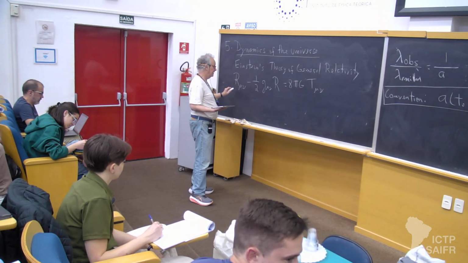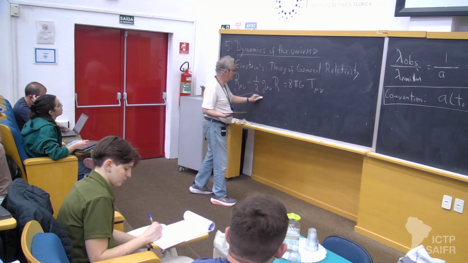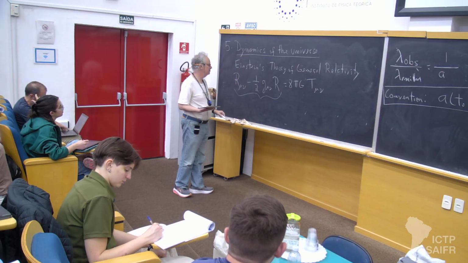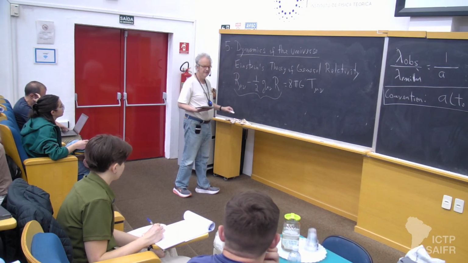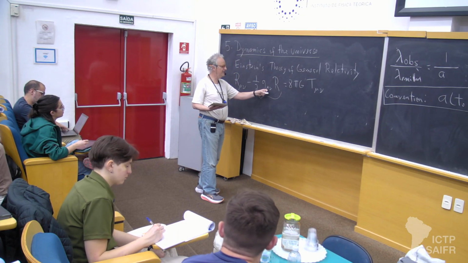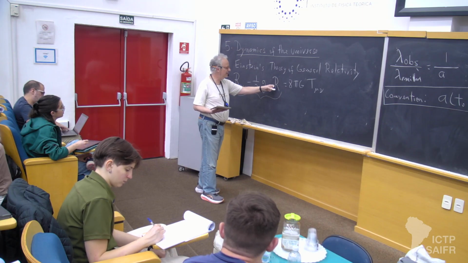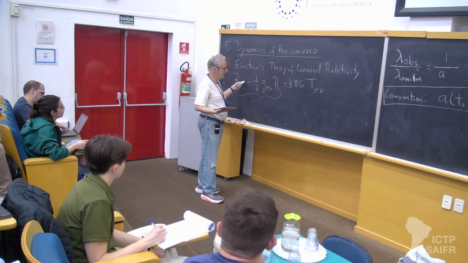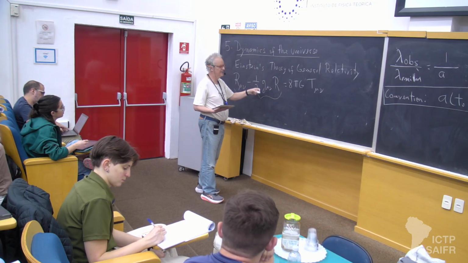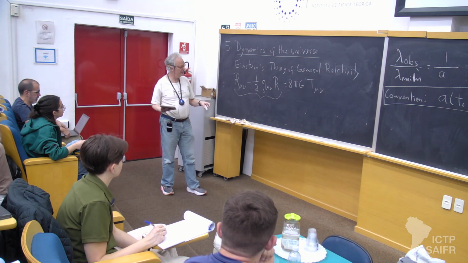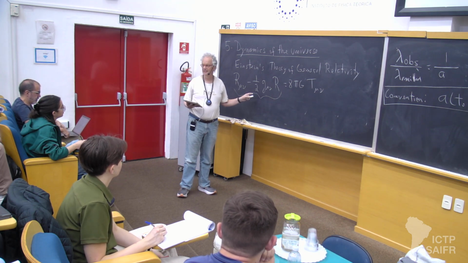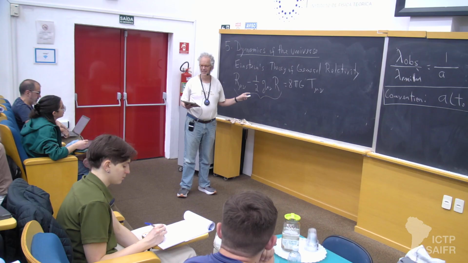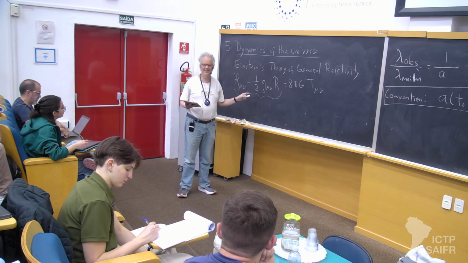So the left-hand side of Einstein's equation is totally determined by geometry, by the metric. Even though the metric appears explicitly here, the Ricci tensor and the Ricci scalar are also determined by the metric. So once you know the metric, you know the left-hand side of this equation, and believe me, you're going to compute this.